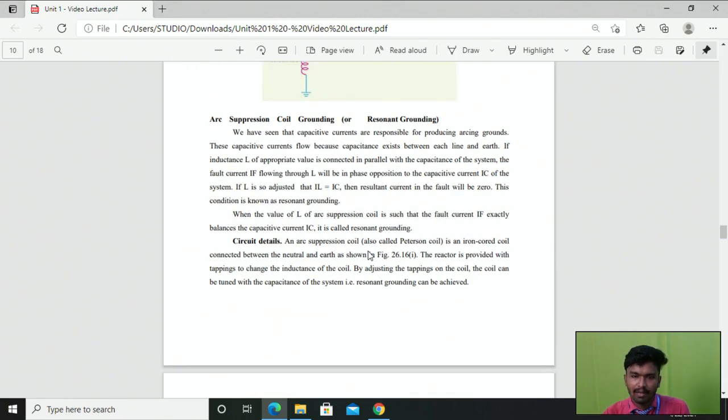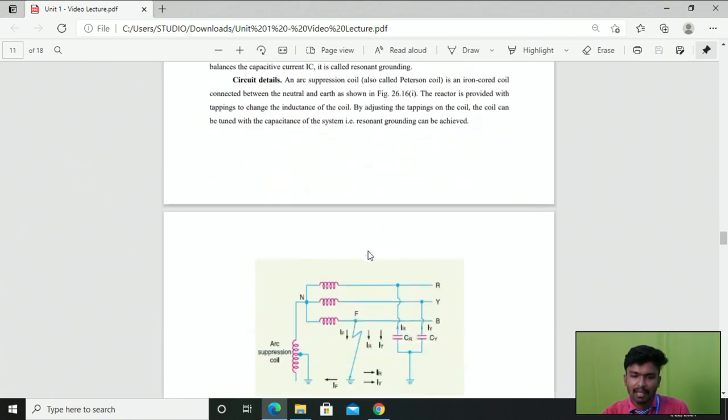So the difference between this arc suppression coil and the previous methods is that in the arc suppression coil we are using an inductor which has a number of tappings. By adjusting the number of tappings of the coil, we can easily tune the value of inductive current with your capacitive current, right?